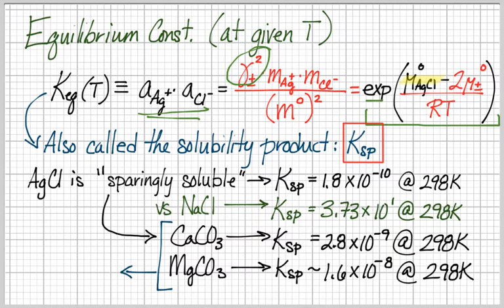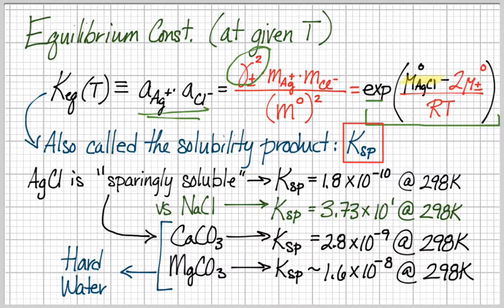If I were to combine calcium carbonate and magnesium carbonate together in normal tap water, this is basically what we think of as hard water. And it is hard because we actually have a sufficiently high concentration of calcium and magnesium carbonate ions in solution that they precipitate out very easily at room temperature.